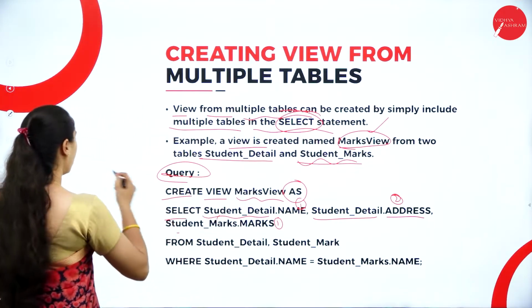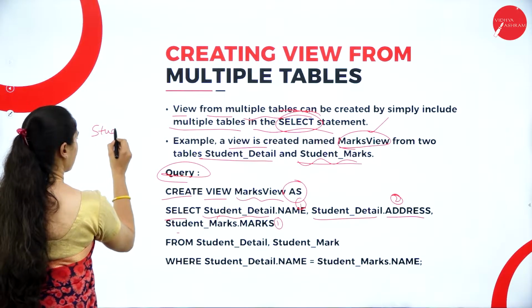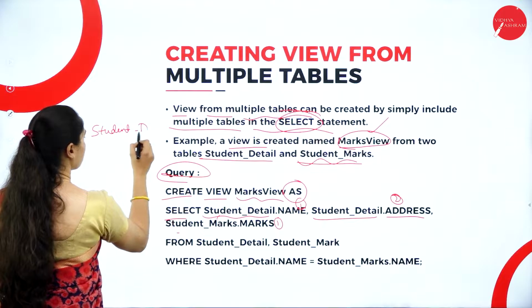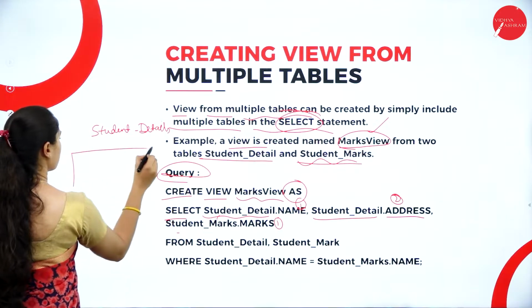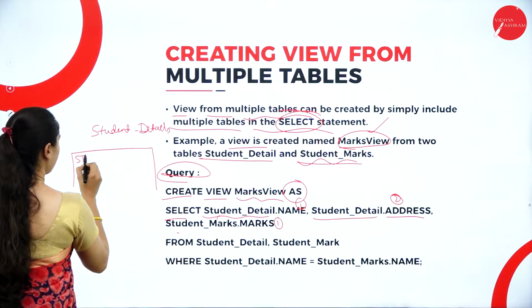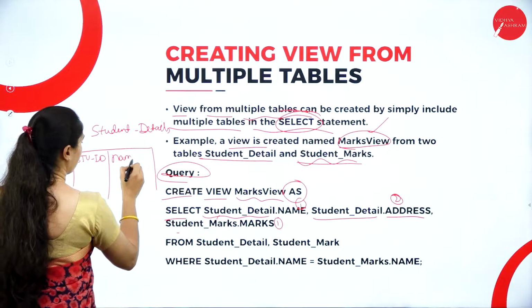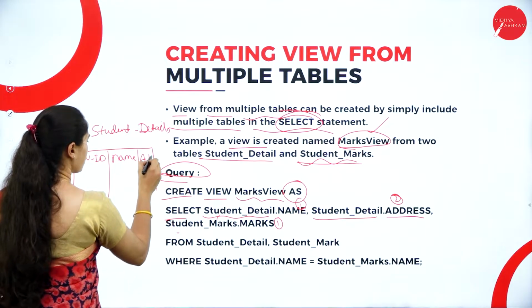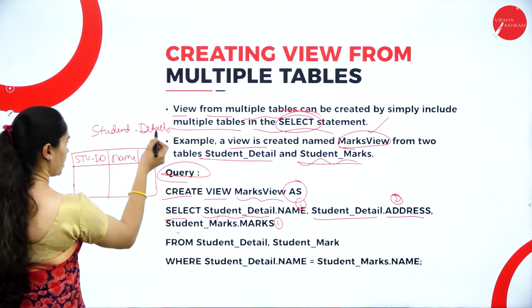As we all know, what do we have in the student details table? The student details table includes student ID, and it has name, and it also includes address. So these are the fields which we have in the student details table.